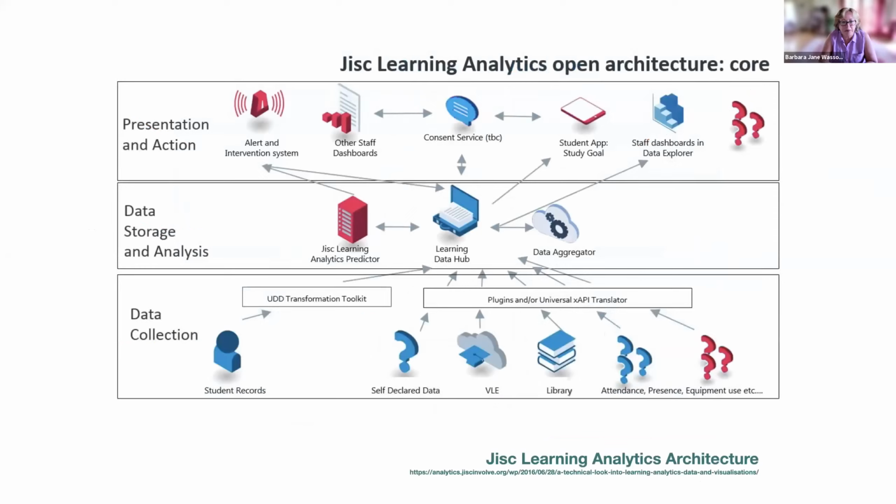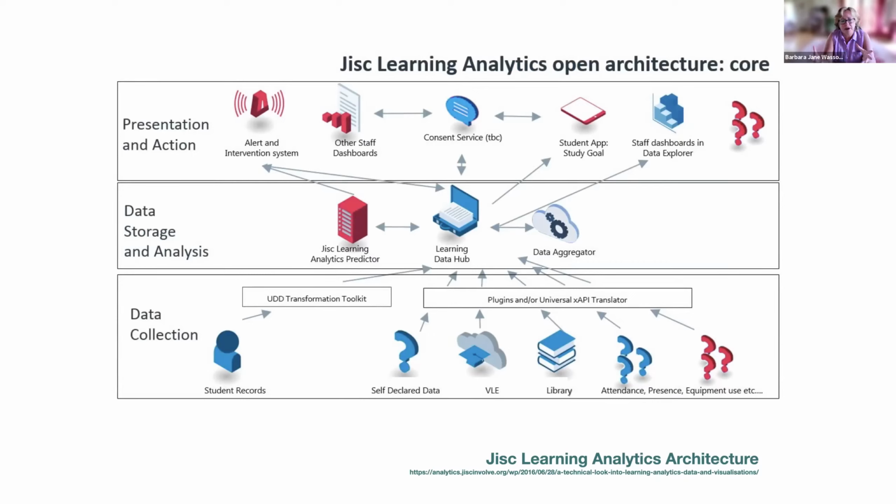A third way to think about learning analytics is from an architecture perspective. And this is from JISC, which is in England, which is responsible for higher education and the IT systems there. And they have been very early out in building these kinds of architecture constellations about how to implement learning analytics on an institutional level.